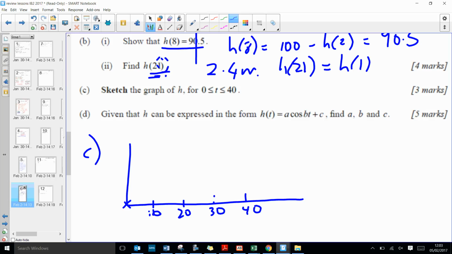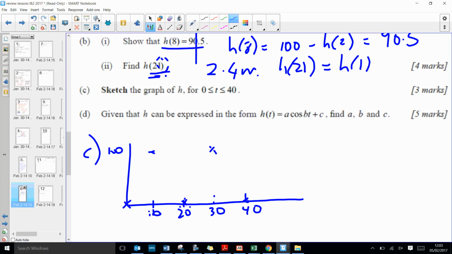So we know at 10 minutes it's at its peak of 100 meters. At 20 minutes it's back down to 0. At 30 it's back up to 100, and at 40 it's back down here.